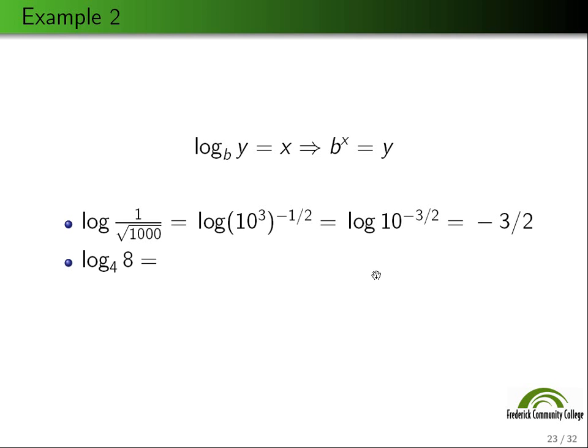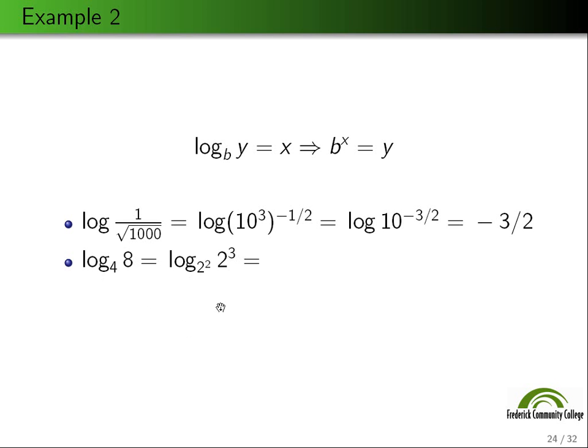Log base 4 of 8. These can be a little tricky. When you immediately look at it, it's not obvious really what the solution is. You have to find some connection between 4 and 8, and they both are a power of 2. So log base 2 squared of 2 cubed, so that's 8.